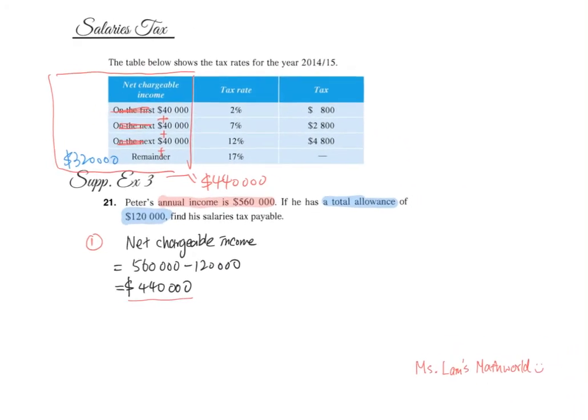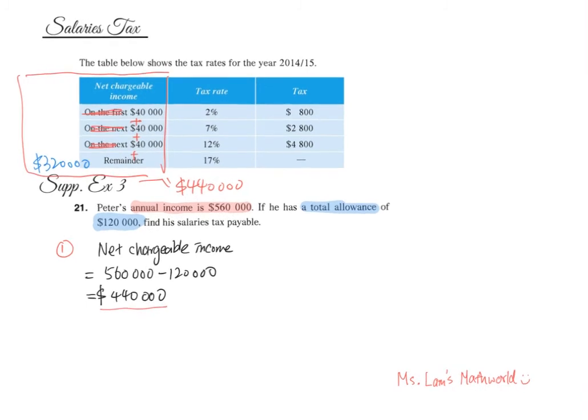After we got the remaining part, we are going to pay the tax by layers. So we will pay the salary tax by these 4 parts: 1, 2, 3, 4. First part cheaper, second part more expensive. How can we get this one? From a table.